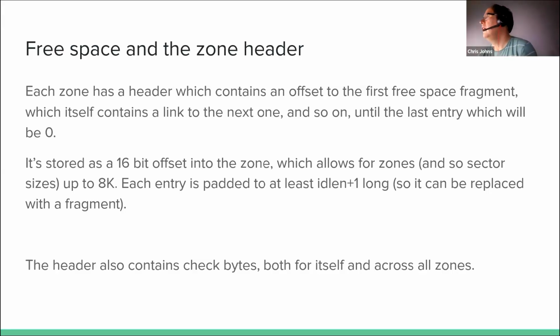So yeah, I think initially the ID lengths were small enough that it wasn't an issue. But now we've had bigger IDs, for reasons I'll come to later. So we've got to allow for that. There are two check bytes in the zone header. One is a check byte of that zone, and one is a check byte that maps all the other zones.